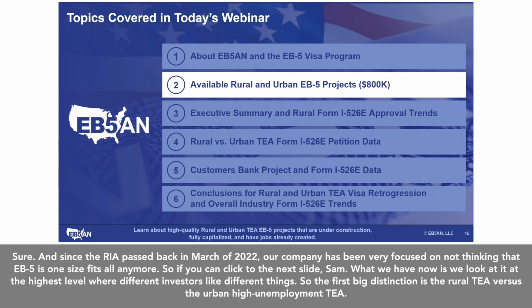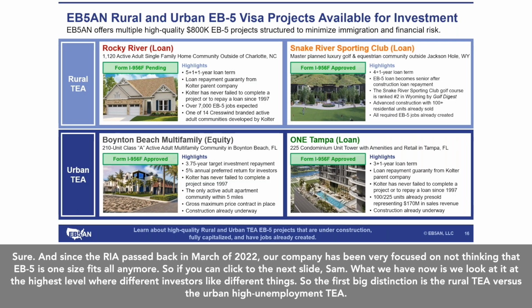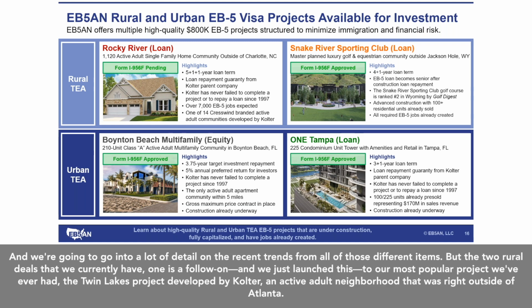So if you can click to the next slide, Sam, what we have now, perfect, is we look at it at the highest level where different investors like different things. So the first big distinction is the rural TEA versus the urban high unemployment TEA. And we're going to go into a lot of detail on the recent trends from all of those different items.